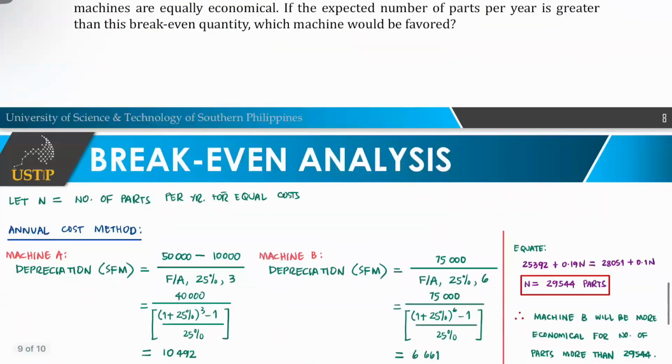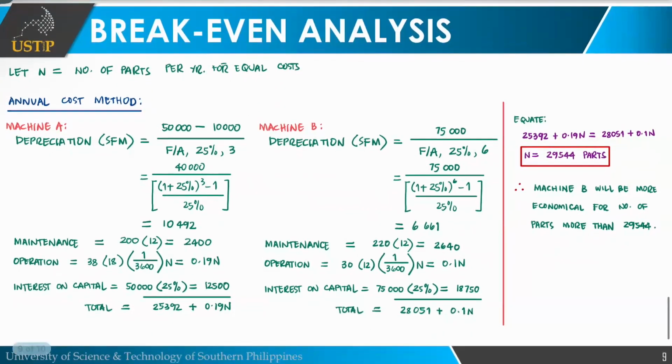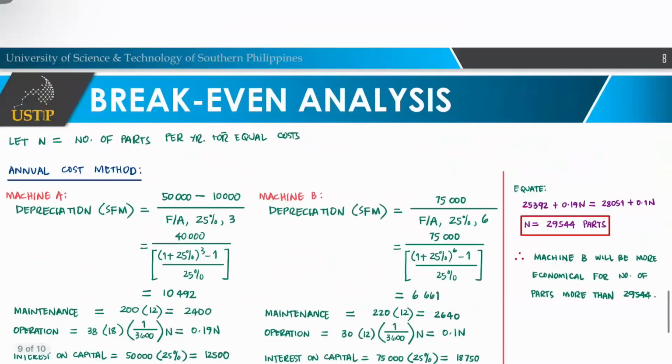But anyways, all we have to do is first let the number of parts be, say, n. This is the number of parts per year for equal cost, so the break-even value for machine A and machine B. And why is this necessary?